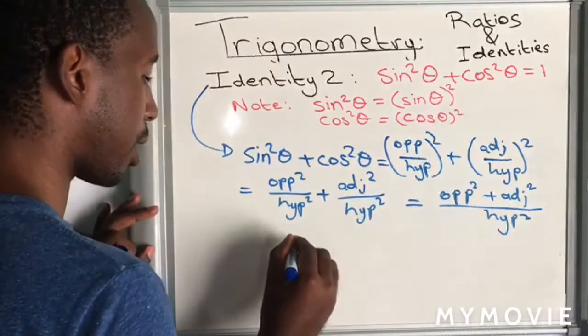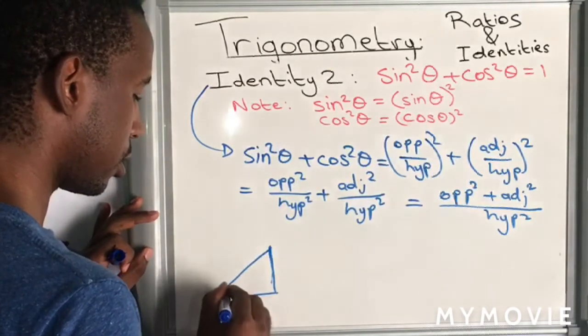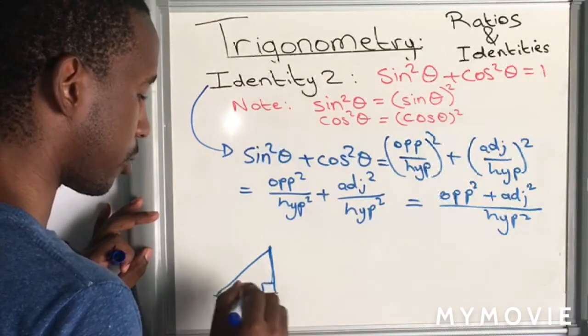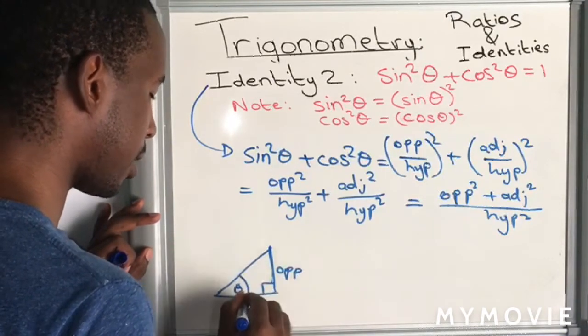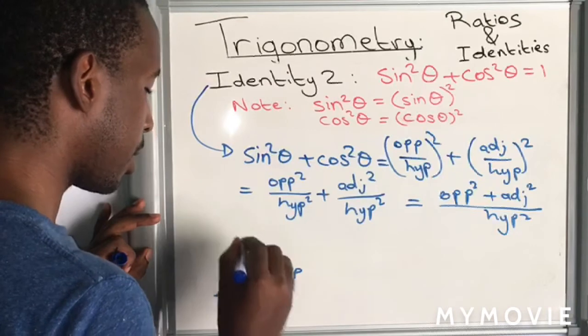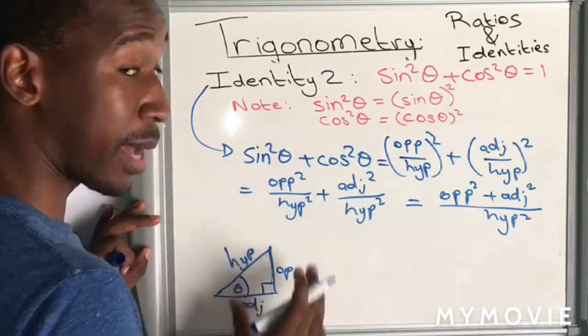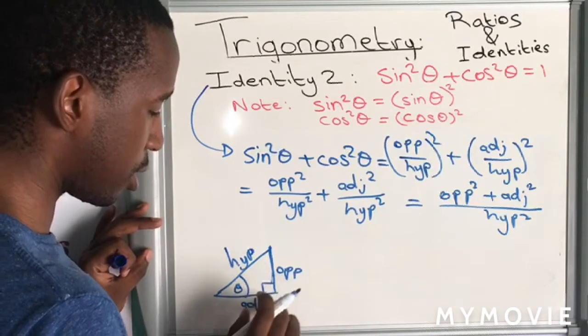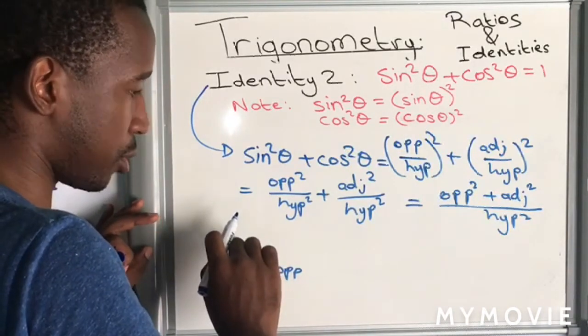Now, if you recall our triangle, it was of this format here. We had our right angle there, and theta was over here, such that this is the opposite side and this is the adjacent side. And then the longest side was the hypotenuse. But by Pythagoras' theorem, the addition of the squares of these two sides should always give us the square of the hypotenuse.